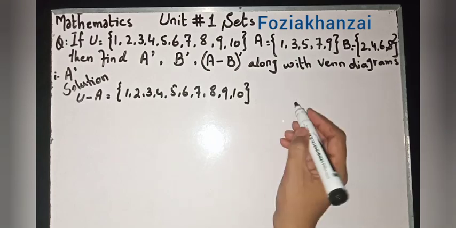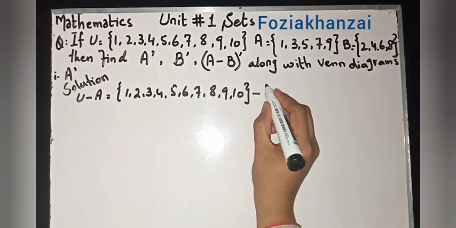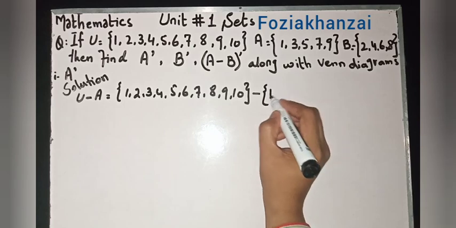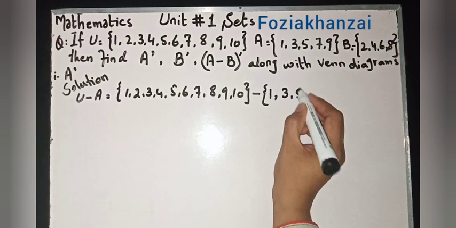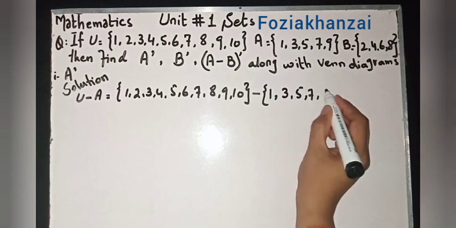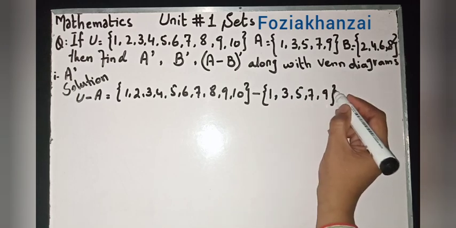Okay, elements of set U, put difference sign, then write down elements of set A: 1, 3, 5, 7, 9, bracket close.